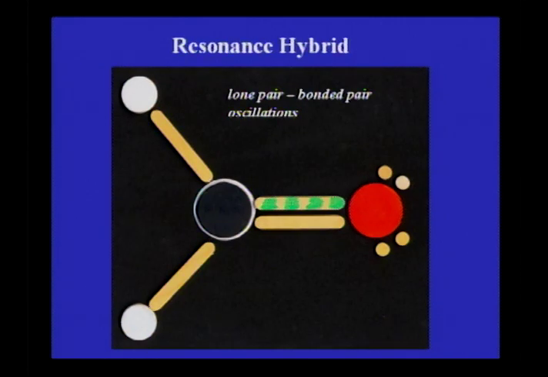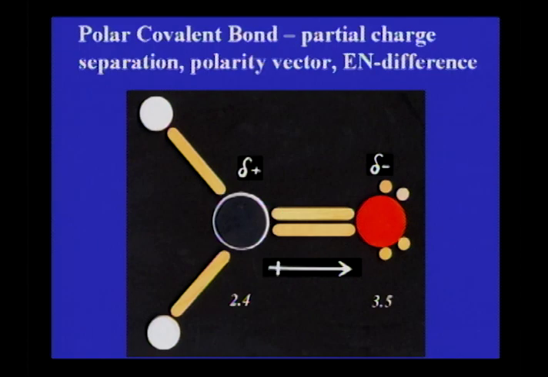And you see the dashed green line represents a fluctuating electron pair that oscillates between being a bonded pair and a lone pair. And here we have the delta plus and delta minus designation, which derives from the electronegativity difference of the atoms involved that make this bond.